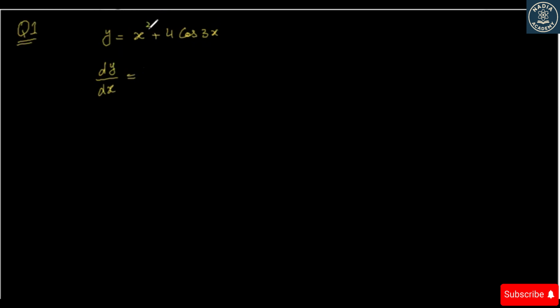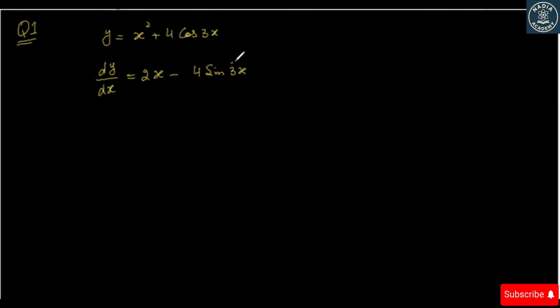The derivative of x square is 2 times x, because the power will become the coefficient and the power will reduce by 1. Next, the constant term 4 will remain as it is. Then we have cos 3x. The derivative of cos is negative sin, and the angle will still be the same, 3x.